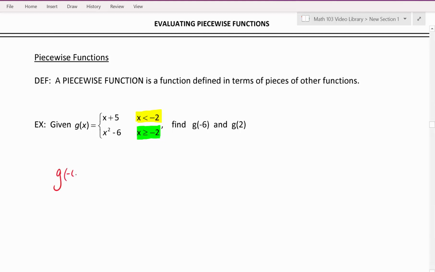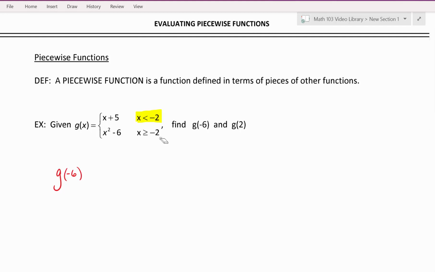We're going to start by evaluating g of -6. We need to decide which of those two categories of x values does -6 fall into. Is -6 less than -2, or is it greater than or equal to -2? -6 is less than -2.